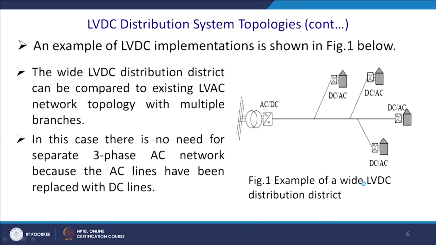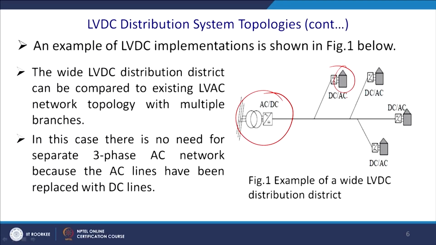You have conversion from AC to DC from the main grid, and there you will ensure that your THD is quite low. Thereafter, you are transmitting with the DC, and you may have a household AC because of historical reasons, and thus you are reconverting DC to AC.